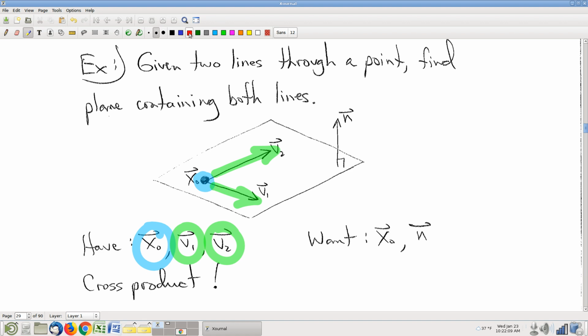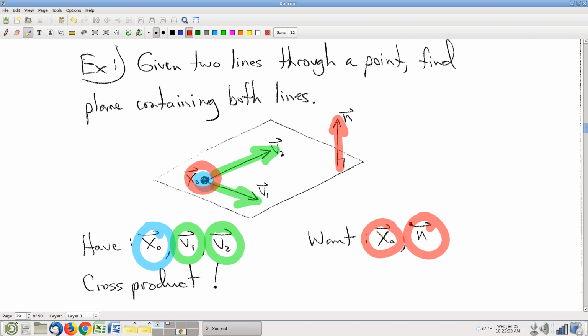I need to know a point on this plane. That's going to be an easy one. I'm given a point on the plane, in effect, from the parameterizations. And I also am going to need a normal vector, a vector perpendicular to that plane. That's the other object that I need. So forget about the equations.